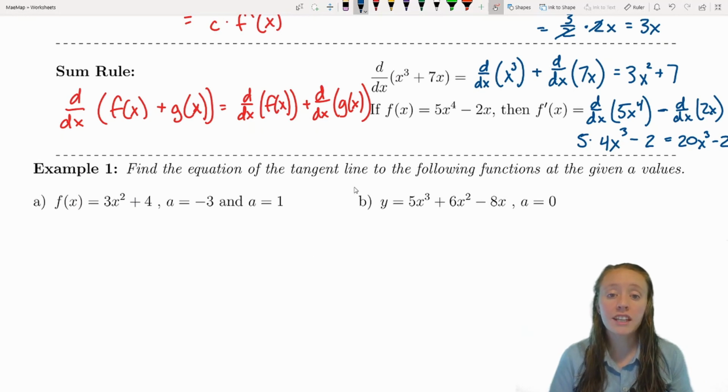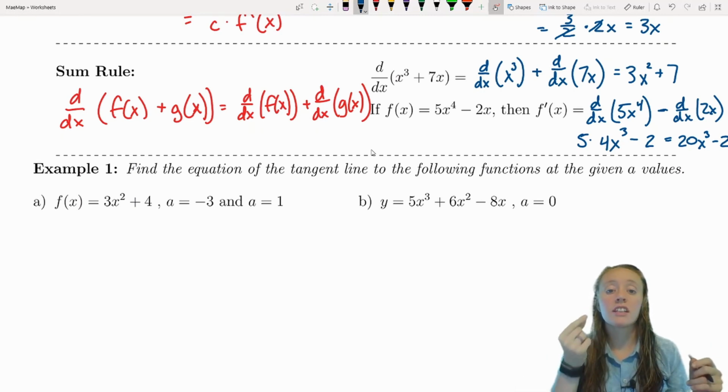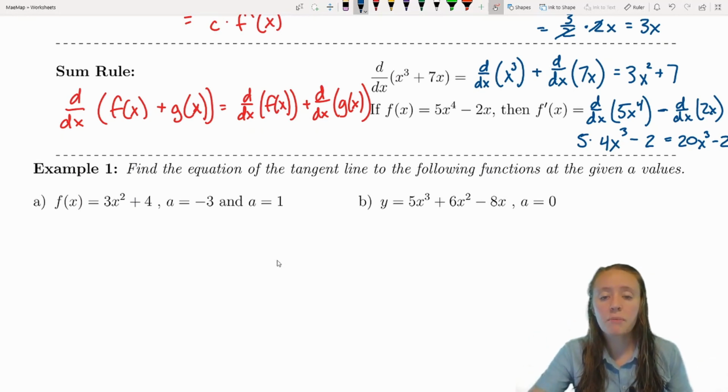So in order to create that tangent line, we first need to take the derivative, which will give us an equation for the slope, and then we'll plug in our values of a to get the slope at our exact point. And then we need to also find that point on the function that our tangent line intersects in order to form the line. So I think right off the bat, it's good to start by just taking the derivative of the function, because that is our equation for the slope of the tangent line.